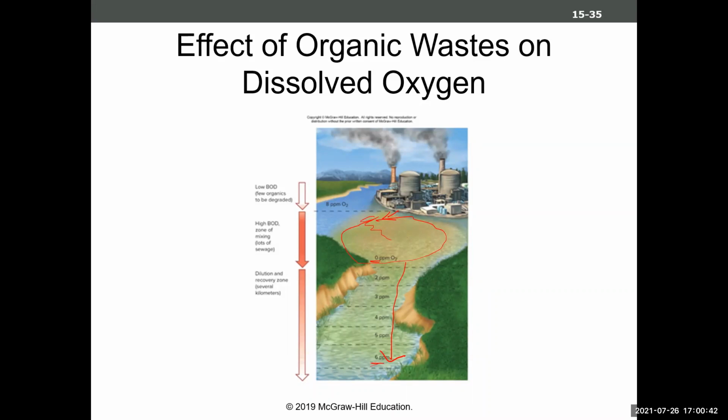But this recovery zone, as it says, is several kilometers downstream. This image is not to scale, right? So this is a very long distance that it takes for the stream to recover and to get back to high enough dissolved oxygen concentration levels to where it's a healthy stream again.